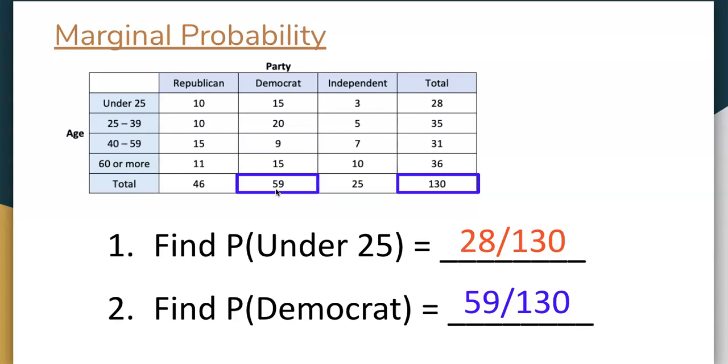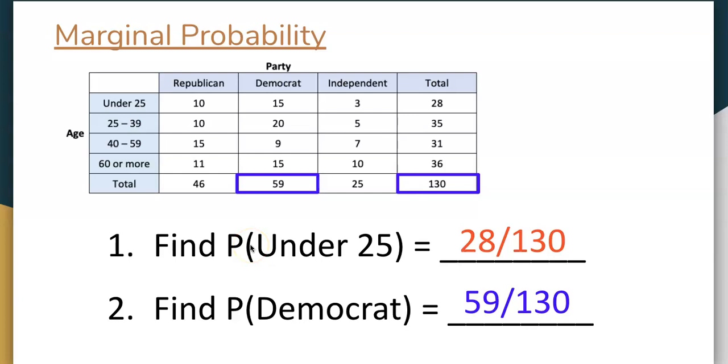If I divide that in my calculator, I got that to be about 45%. Now, these are called marginal probabilities because I'm really just using the margins, like the totals in the rows and columns all the way on the right and all the way on the bottom, to find the probabilities.